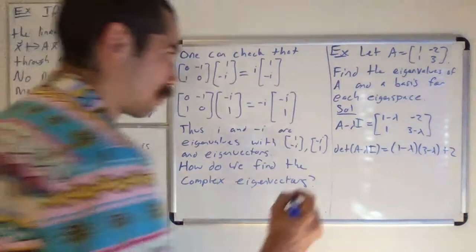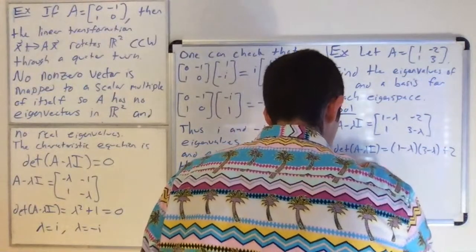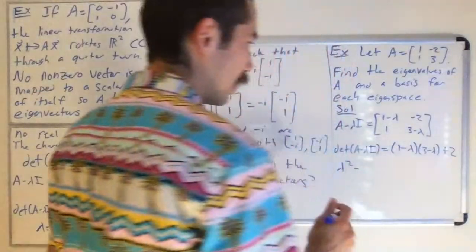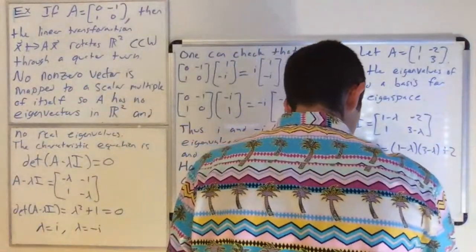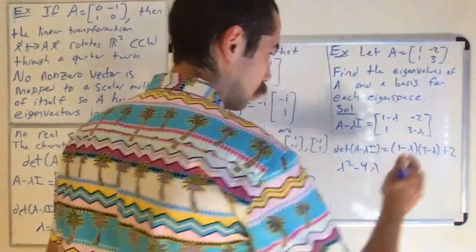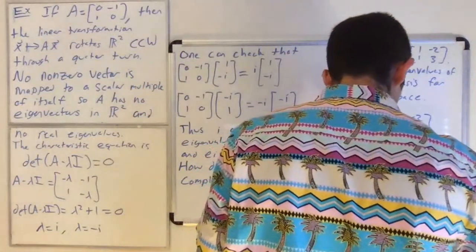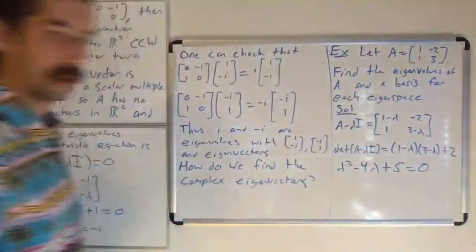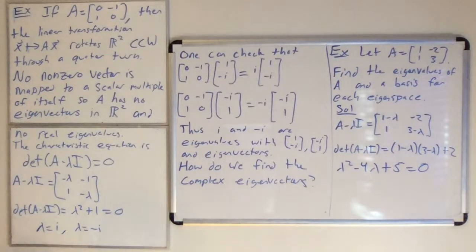So that's lambda squared minus 4 lambda plus 5 equals 0. Okay, now my question for you is, how do we solve this?